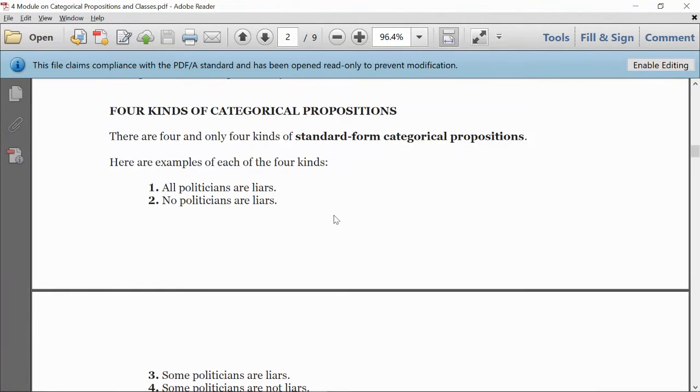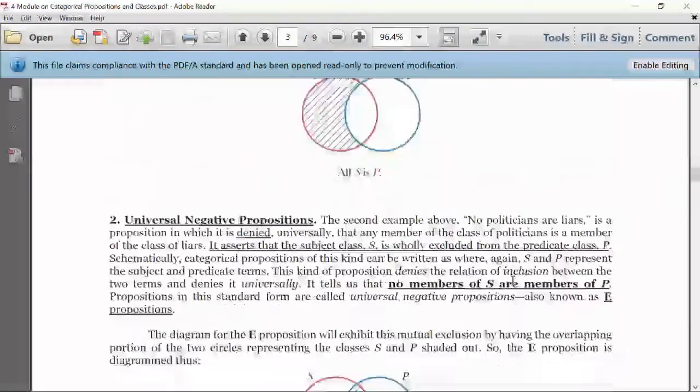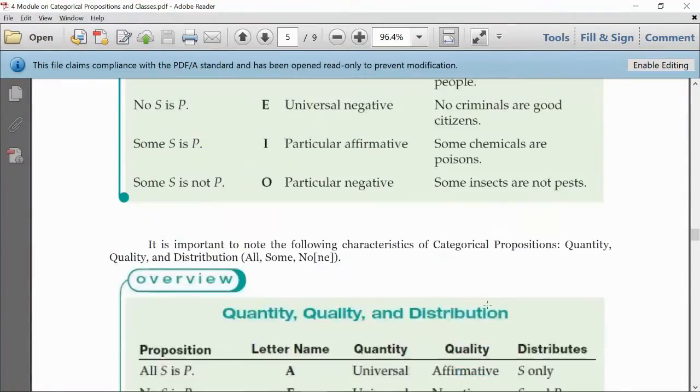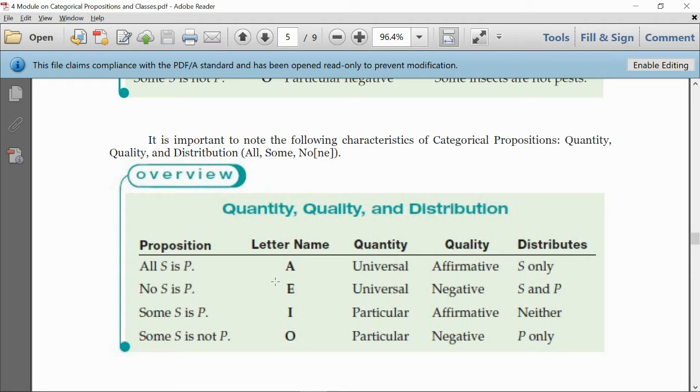For example, no politicians are liars would mean there are no liars that are politicians. Again, so that you won't be confused, just keep in mind that in A proposition, the distribution is only on the subject class. In E proposition, the distribution is both on the subject term and the predicate term.